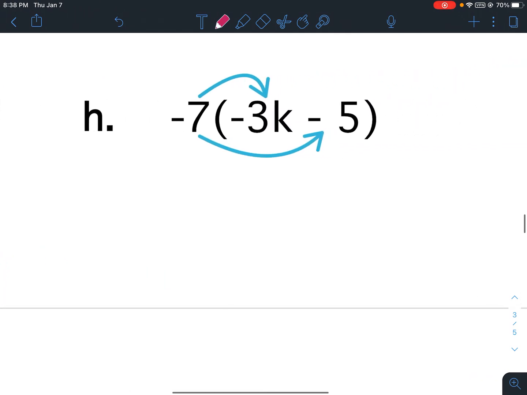For H, multiply -7 times -3. Two negatives would give me positive 21. Okay? And then again, -7 times -5 would give me positive 35.